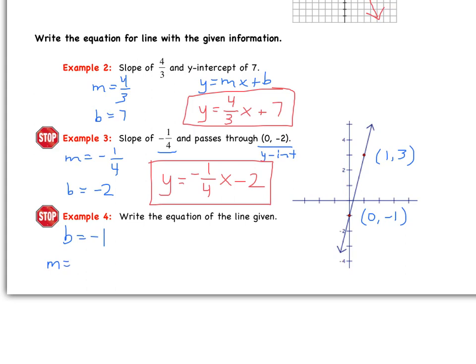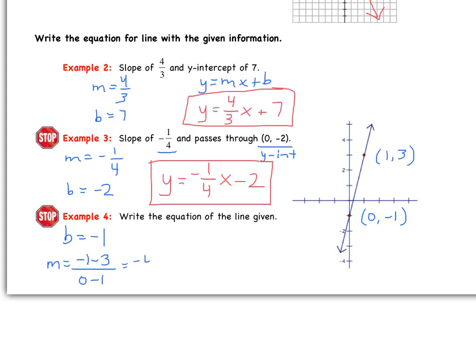If you remember from the other day, the formula for slope is y2 minus y1 over x2 minus x1. So let's plug these values in to find our slope of the line. Negative 1 minus 3 over 0 minus 1.